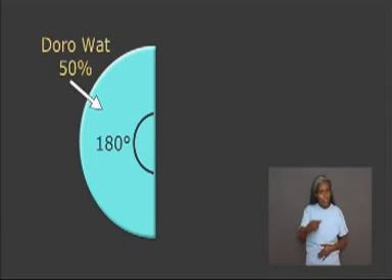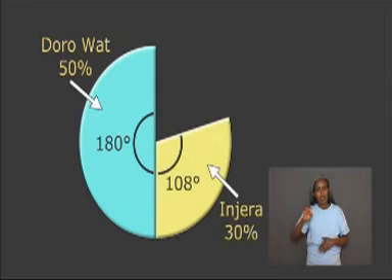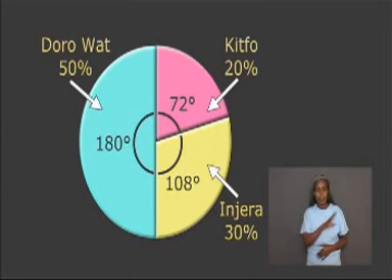Next, if we do not have a way to measure the portions accurately, we can estimate that 30% will be a little over half of the remaining pie. We draw another line and label the larger portion injera and the smallest portion kitfo.